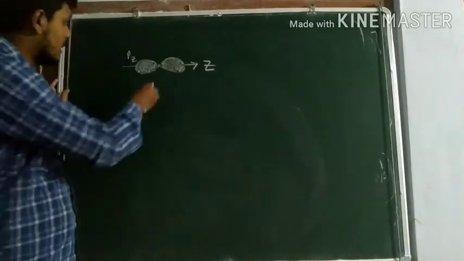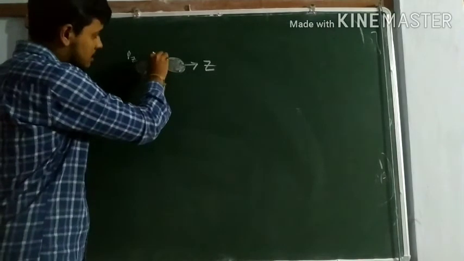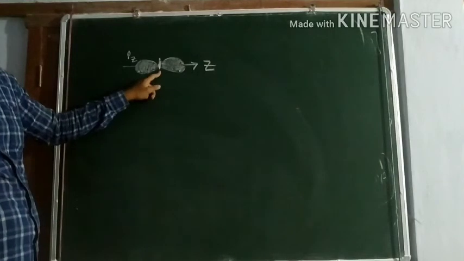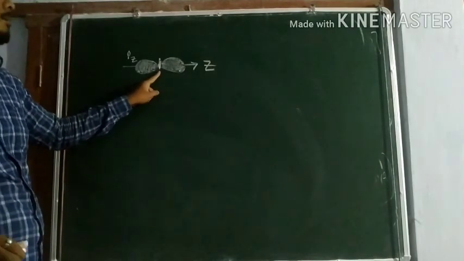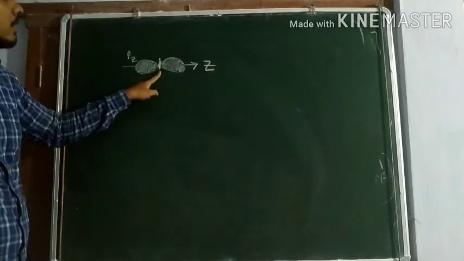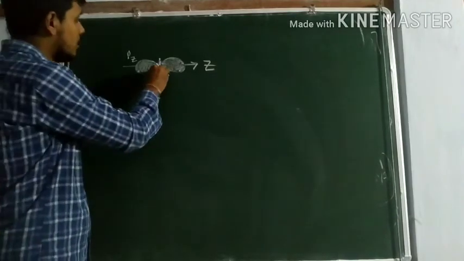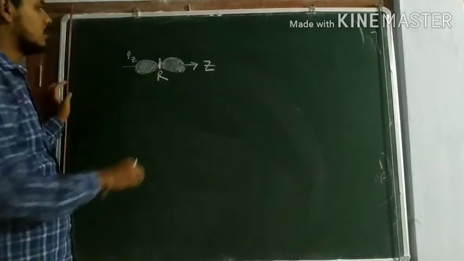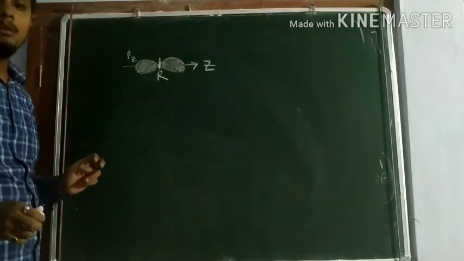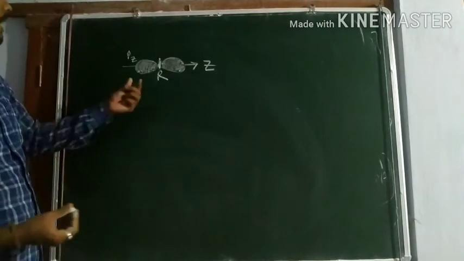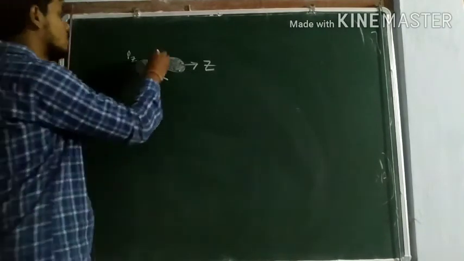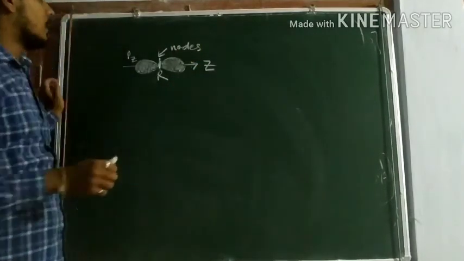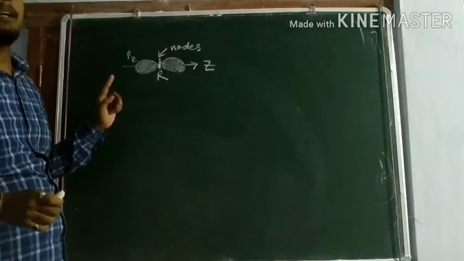Okay, and at this particular point we won't get any electron density. The probability of finding an electron is 0 at this point. So let us take this point to be R. At this particular point R, the probability of finding electrons is 0, and such points are called nodes. So at nodes the probability of finding electrons is 0.